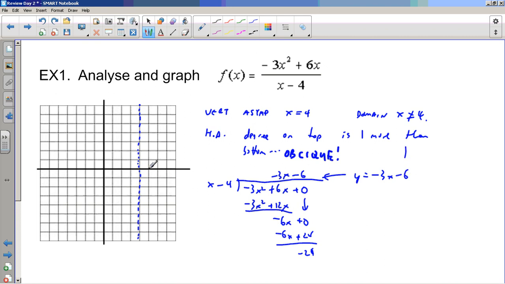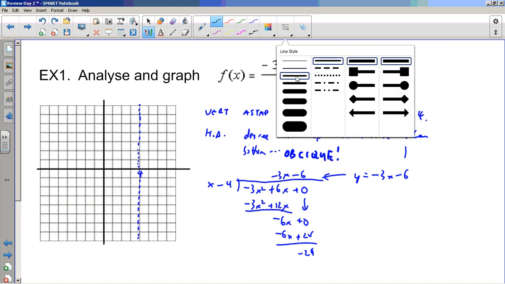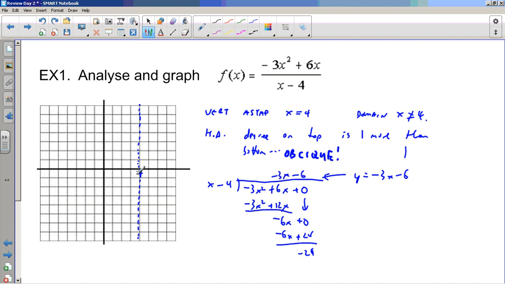So I'm going to change the scale here. I hope you don't mind. Where this is 4, I'll put that scale on there. That's x equals 4. I'm going to put the scale down to go down by 3s. So this is going to be 3 and 6. That way my oblique asymptote will start at -6, right there.